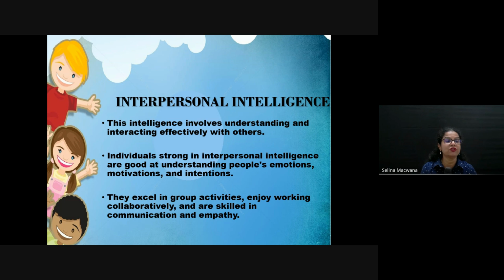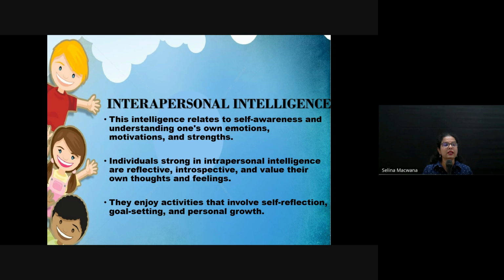So that is interpersonal intelligence. And intrapersonal intelligence. Intrapersonal intelligence relates to self-awareness and understanding one's own emotions, motivations, and strengths. So they're very different from interpersonal. Interpersonal learners like to interact, communicate, empathize with others, relate with others.